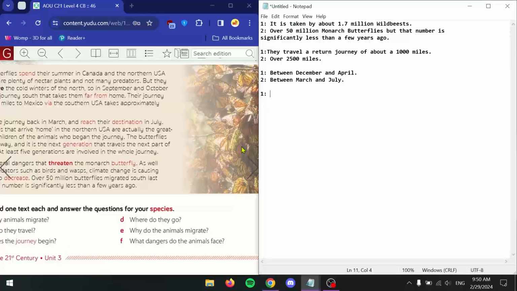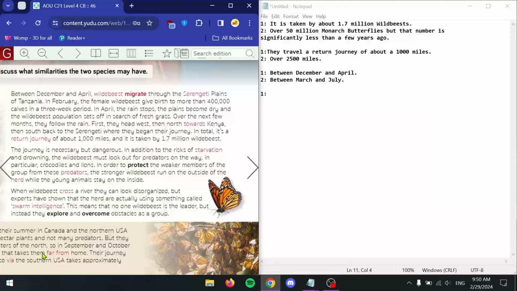Let's go to the next question. Where do they go? For the wild beasts, we'll say they go through the Serengeti Plains of Tanzania. And then where did they head? They head west, then north towards Kenya, and then south back to the Serengeti, where they began their journey. So we'll say the wild beasts go through the Serengeti Plains in Tanzania.